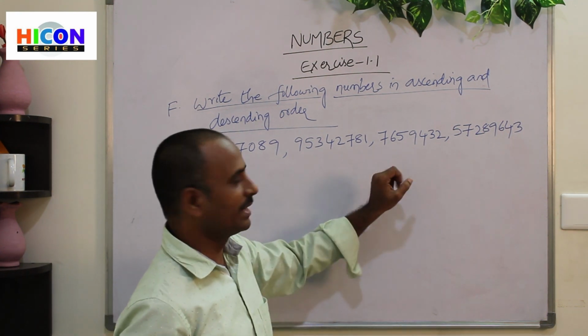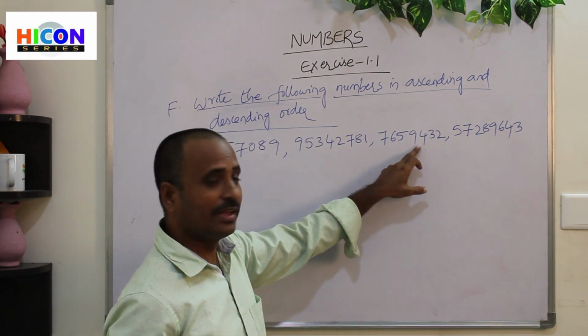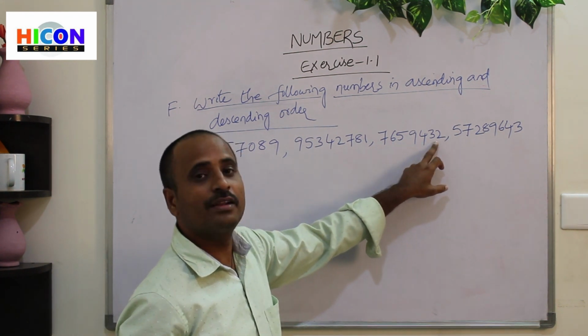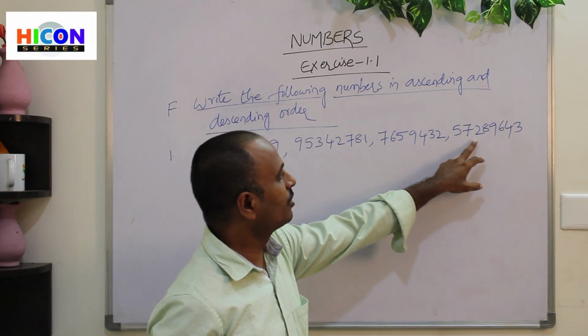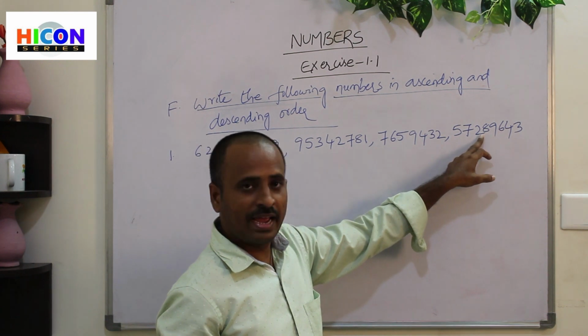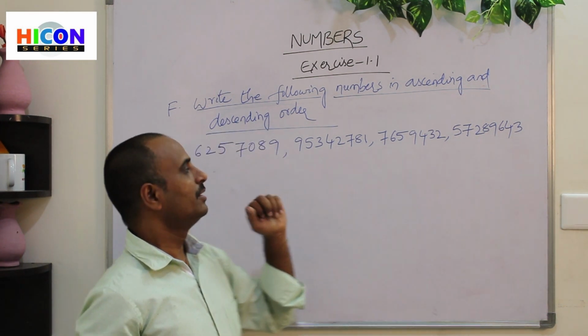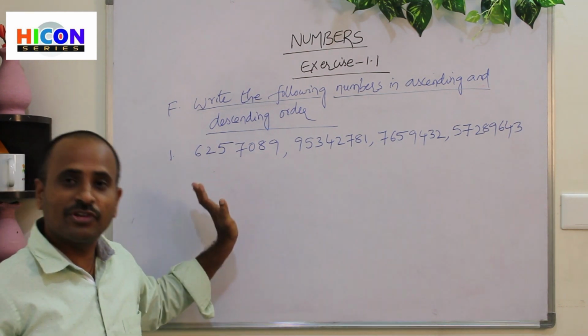And the third number is 76 lakhs 59,432. And the fourth number is 5 crores 72 lakhs 89,643. So these are the 4 numbers given in the first problem.